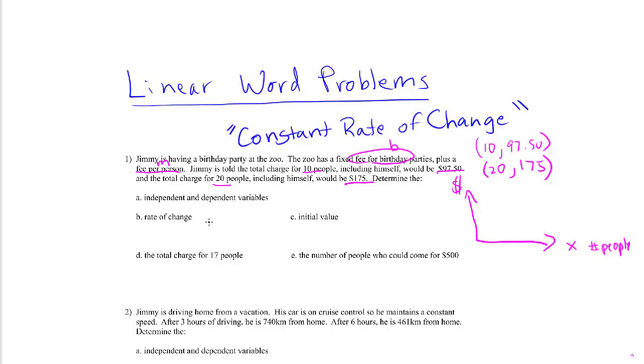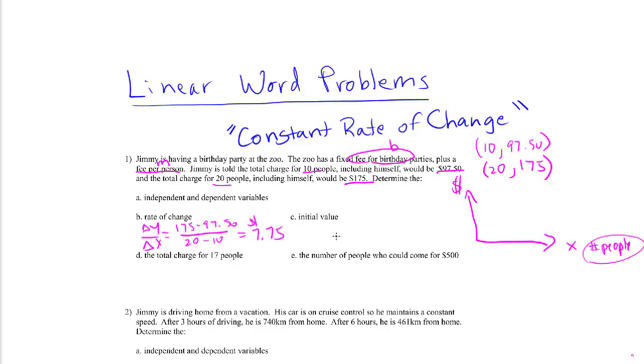Well, it's going to be my delta y over my delta x, which is 175 minus 97.50 over 20 minus 10, which is 77.50 divided by 10, or $7.75 per extra person. Remember and think about our slope as a rate of change per unit x variable, whatever that x variable is, people in this case.